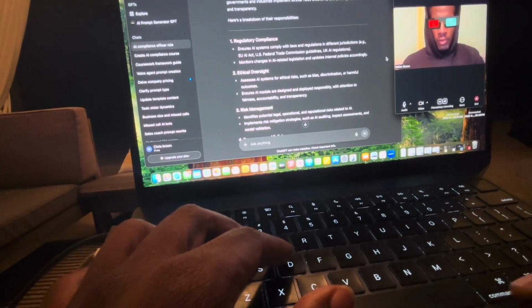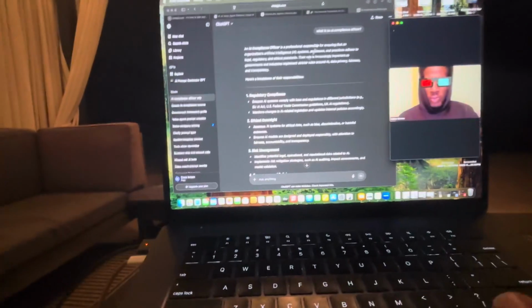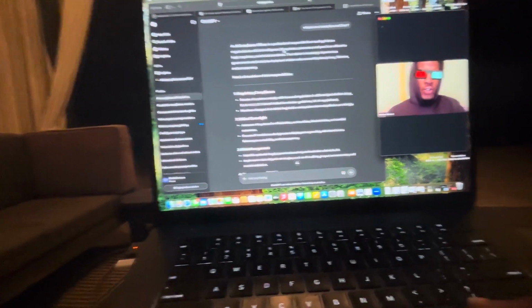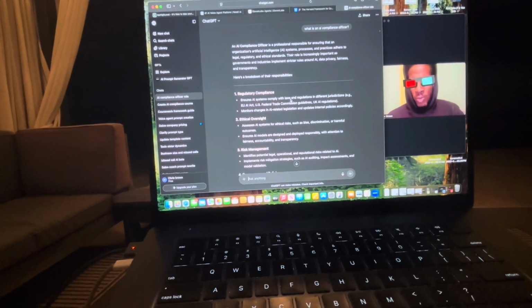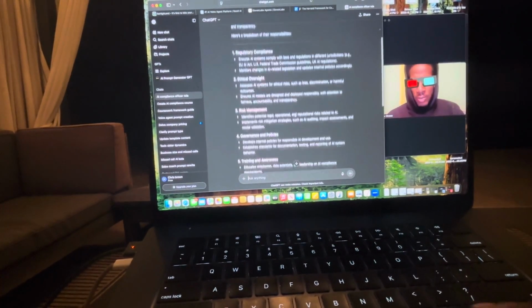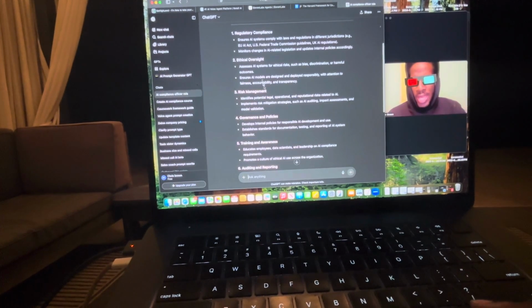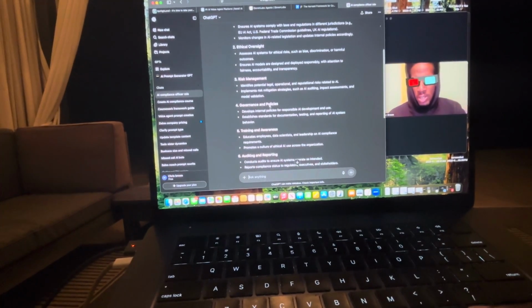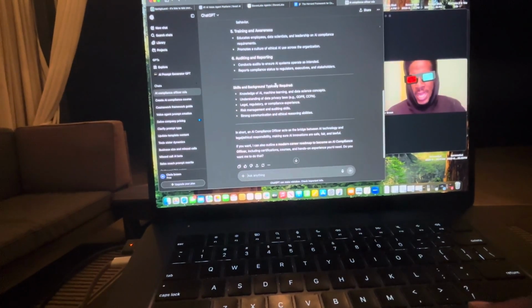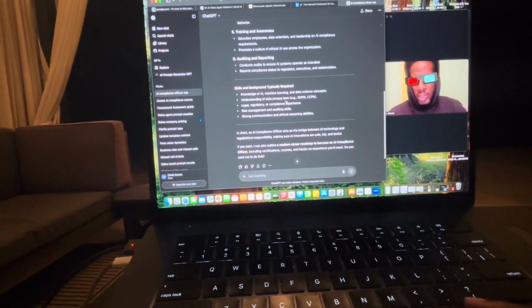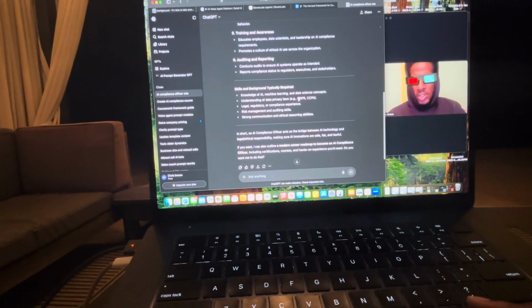Recording in progress. All right, cool. So an AI compliance officer is a professional responsible for ensuring that organizations' artificial intelligence systems, processes, and practices adhere to legal, regulatory, and ethical standards. All you need to know: compliance, oversight, risk management, governance, training, auditing and reporting, and knowledge of AI, understanding of data privacy laws is what typically you really need to know.